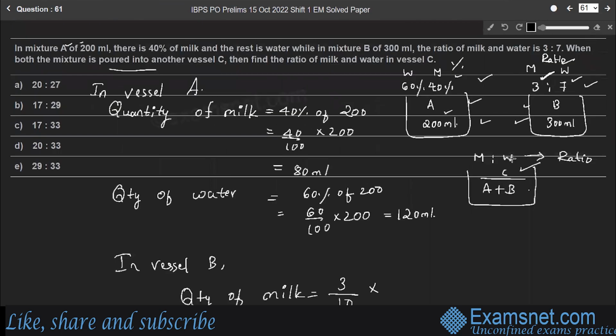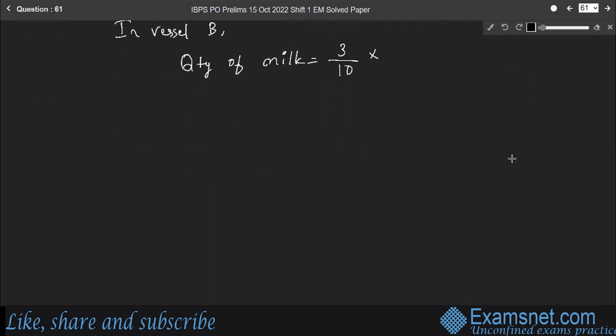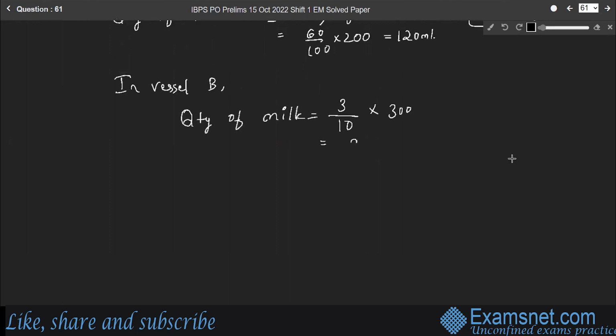Therefore, out of the total quantity, that is 300 ml, the quantity of milk is 90 ml. And the quantity of water, out of 10, 7 is the quantity of water. Therefore, out of 300, it is 210 ml.